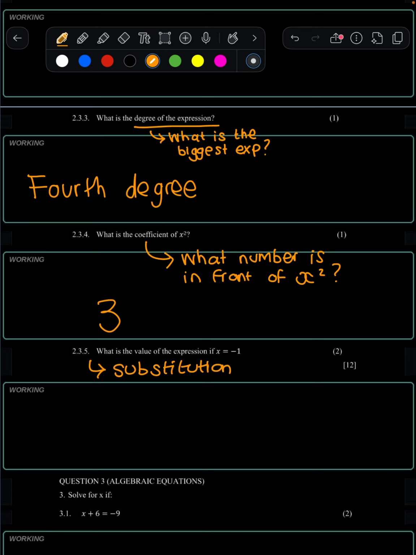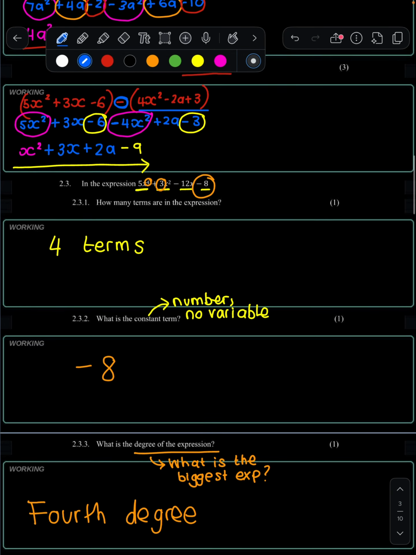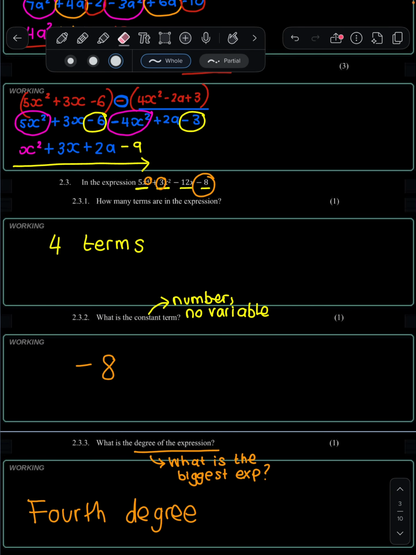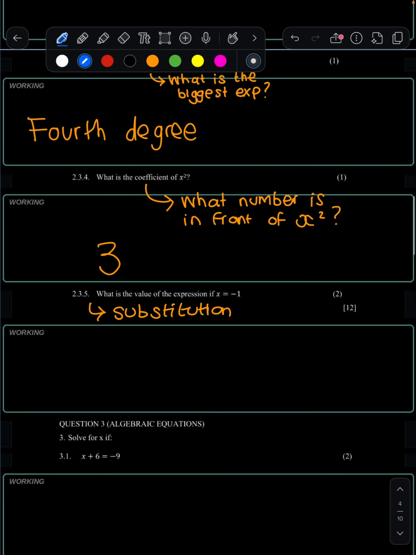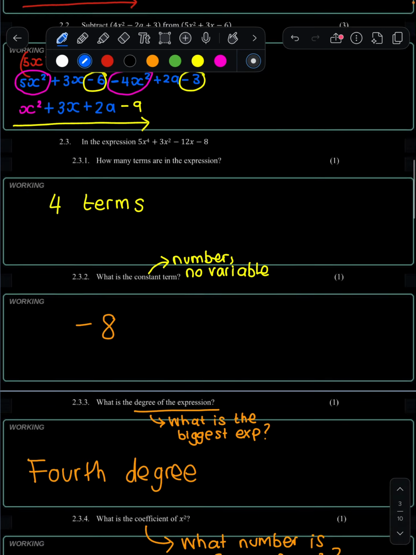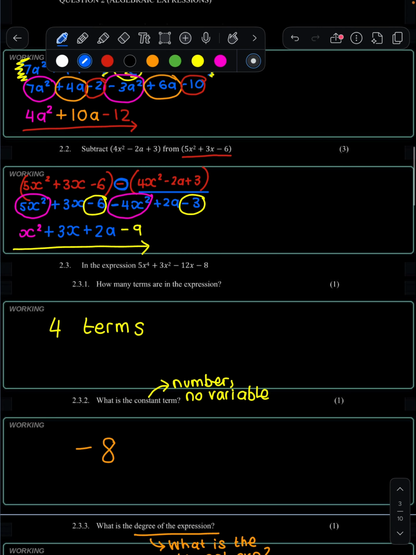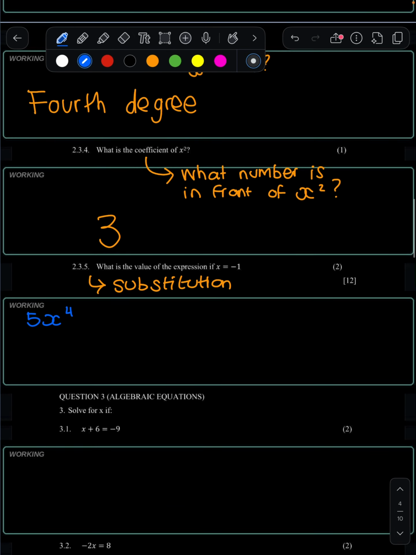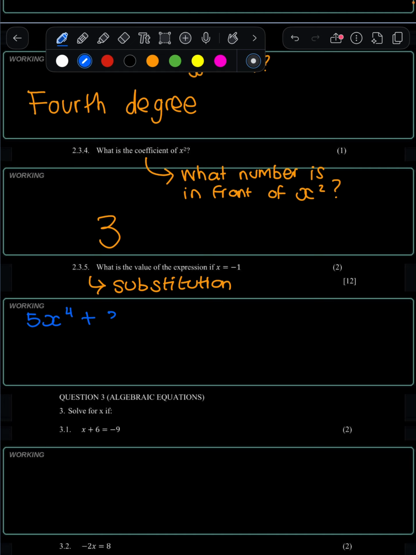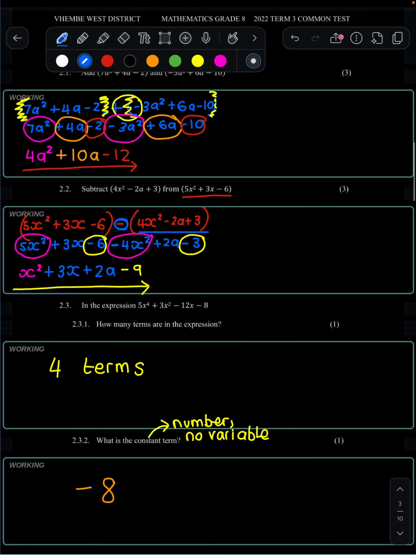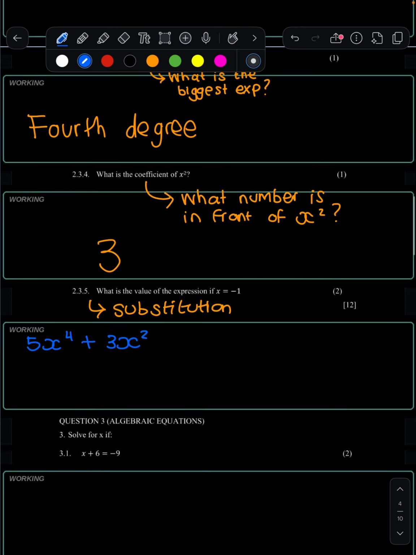Okay, so let's get our expression written here. It is 5x to the power of 4 plus 3x squared minus 12x minus 8.